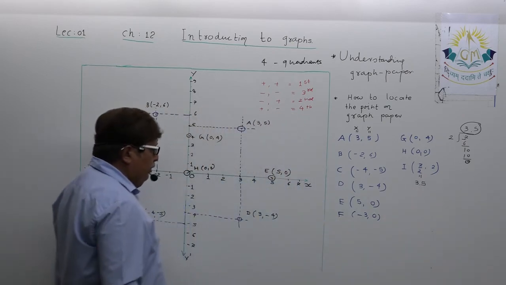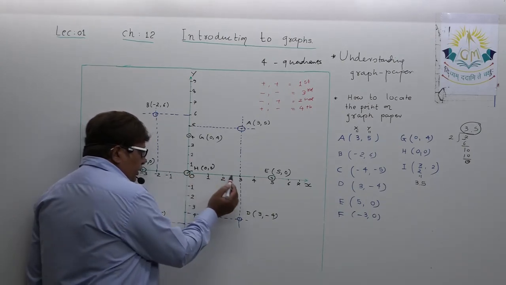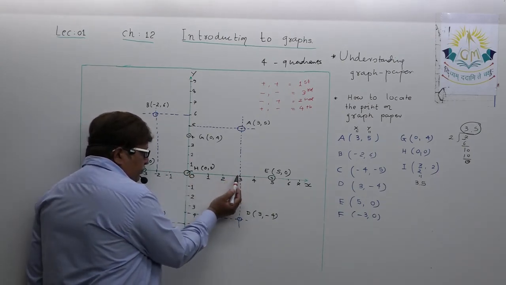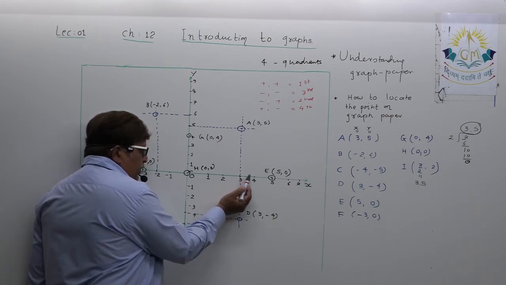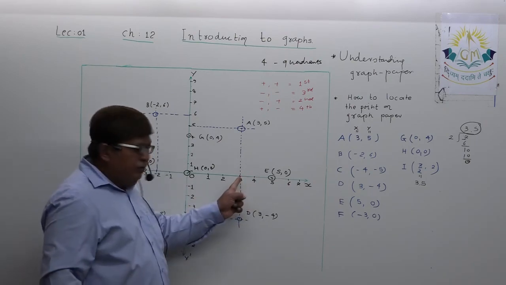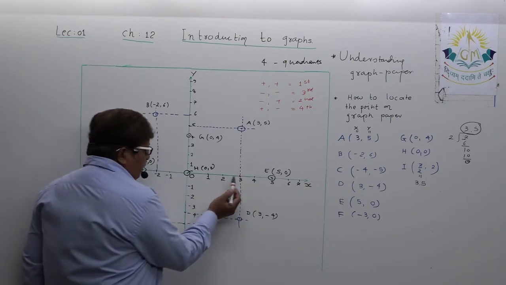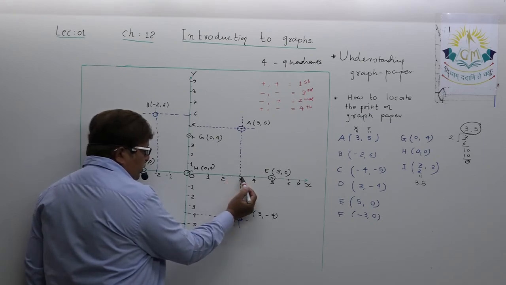So where does the 3.5 lie? Please now come with me. First you come at 3. Between 3 and 4, there are 10 small lines. See, dear student, the first line is called 3.1, second line 3.2, 3.3, 3.4, 3.5.